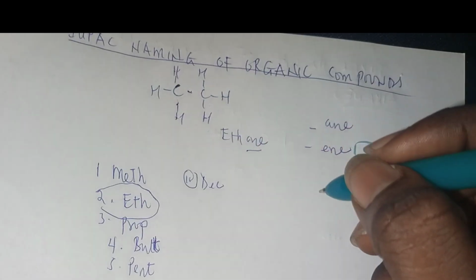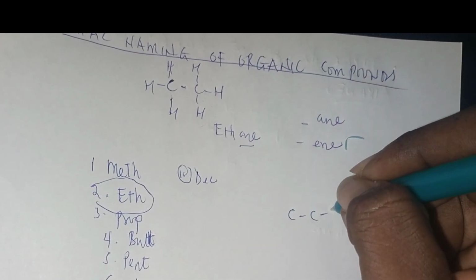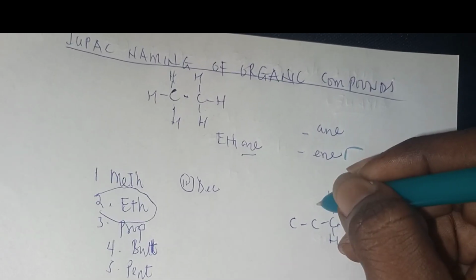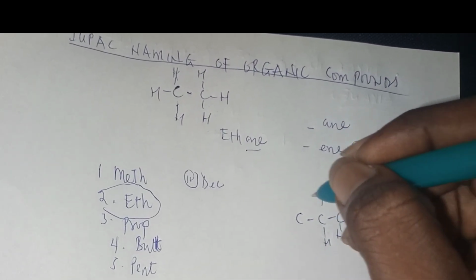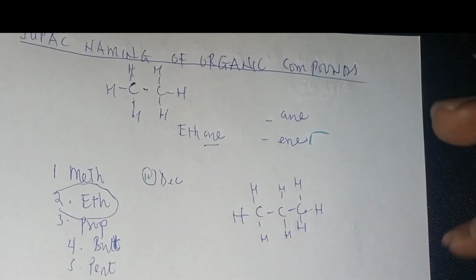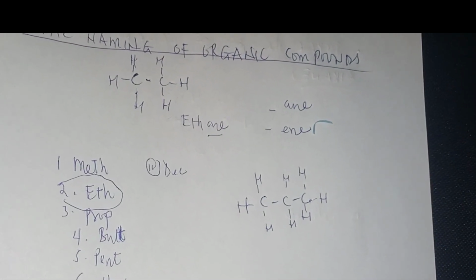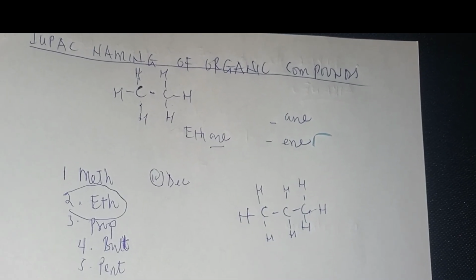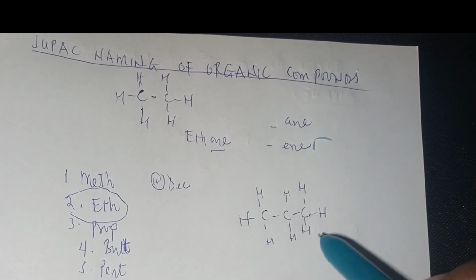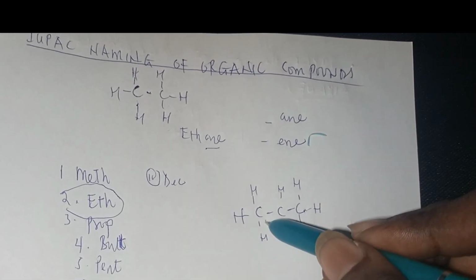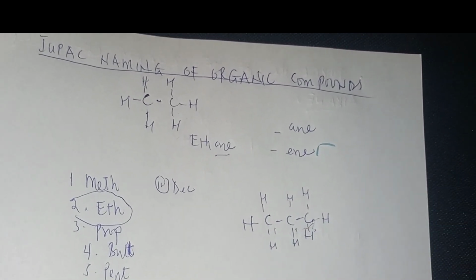So let's assume we are given a compound like this. So we have our H bonding everywhere. Now again we have to count our longest chain of carbons. And in this compound, the only longest chain of carbon that we have is 1, 2, 3, right?